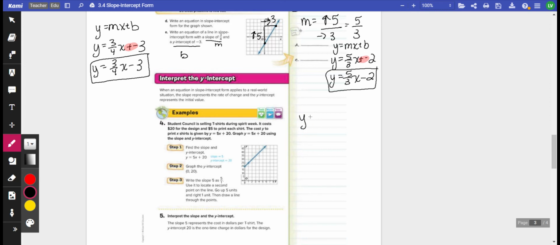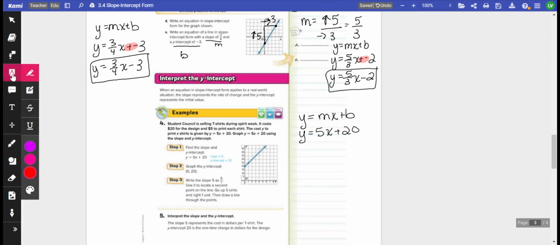So I'm going to write slope-intercept form first. y equals mx plus b. And I'm going to rewrite the equation they give me. y equals 5x plus 20. I'm going to identify each part. So I know that my slope is 5 and my y-intercept is going to be 20.